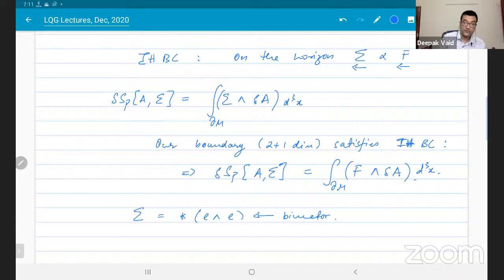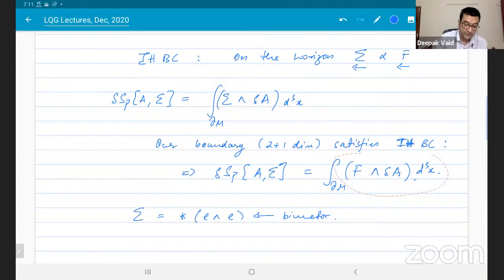So in 4 dimensions, if you take the dual of a 2-form, you get another 2-form, right? And this is a 2-form. So now your surface term looks like this.